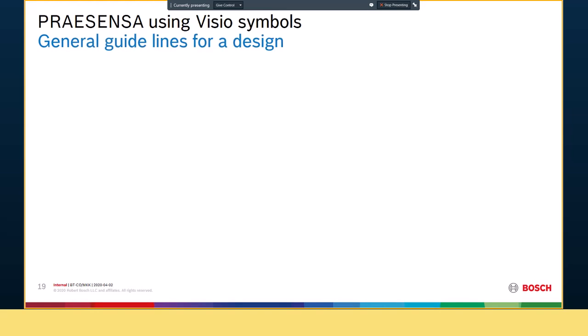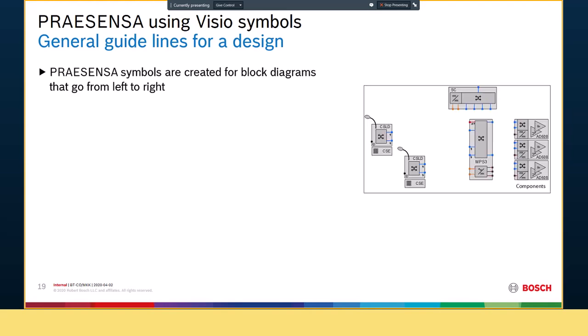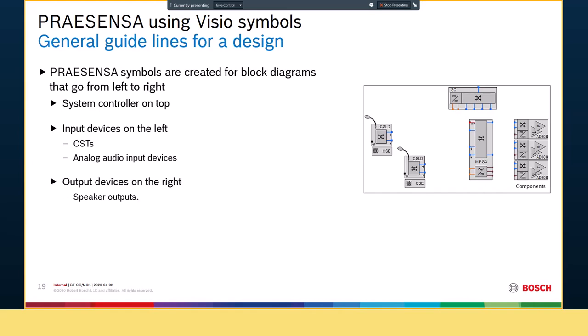Some guidelines for a block diagram. Yeah. The symbols are created to have block diagrams that go from left to right, and that can sound a little bit strange, but how the systems are created is that we have the input devices on the left and the output devices on the right, and then you get very nice connections, not those very difficult connections around all kind of components.